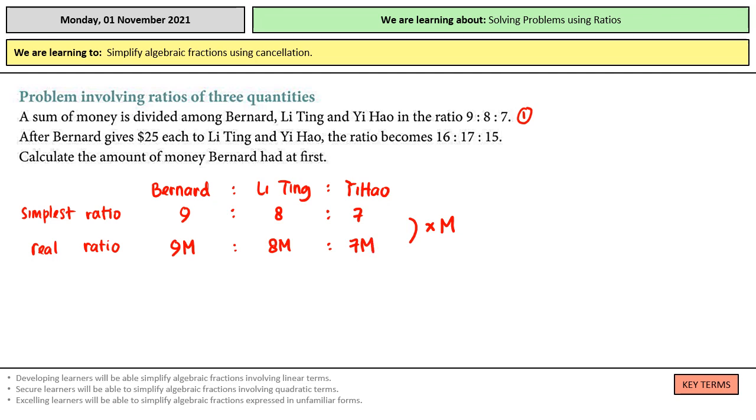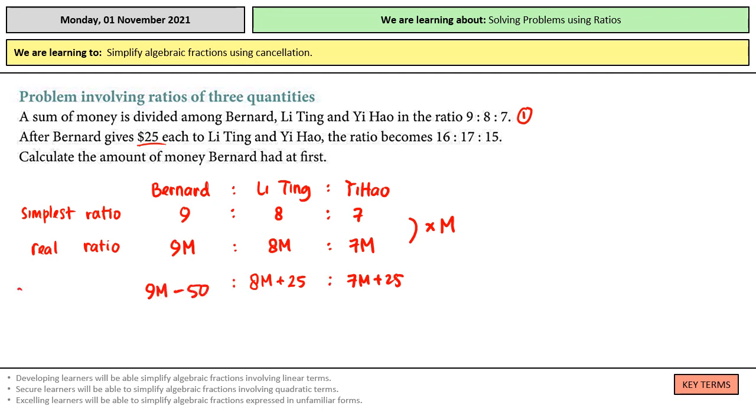So here we're given that Bernard is giving $25 each to Li-Ting and Yihao, where Li-Ting will now have 8 times m plus $25. Yihao would have 7m plus $25, while Bernard is actually losing $50, right? 25 plus 25, so 9m minus 50.